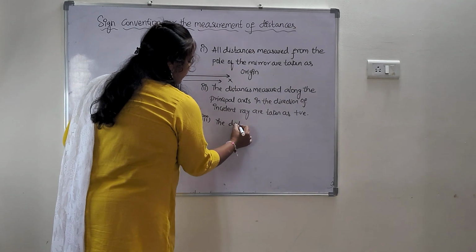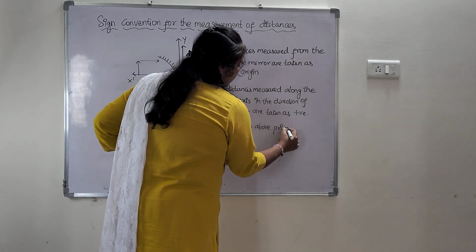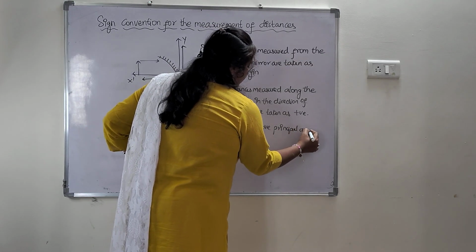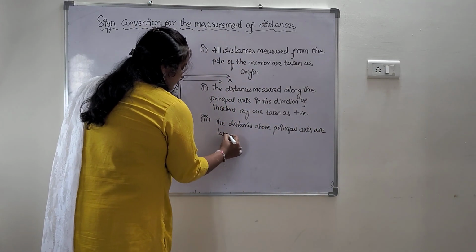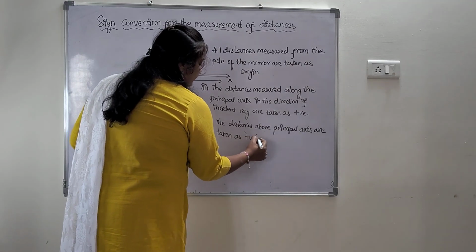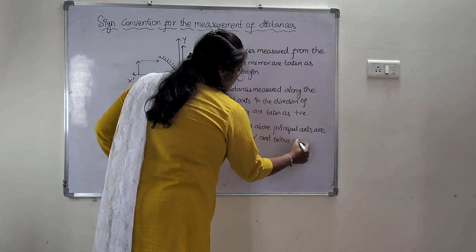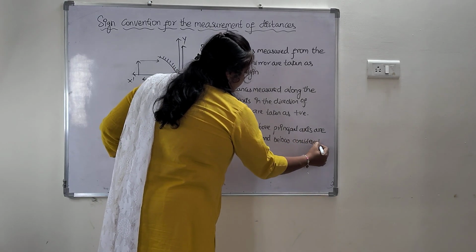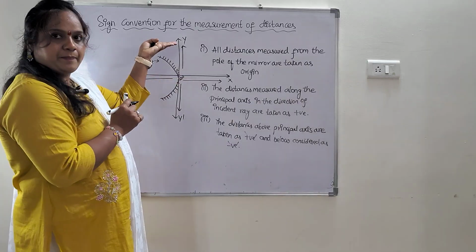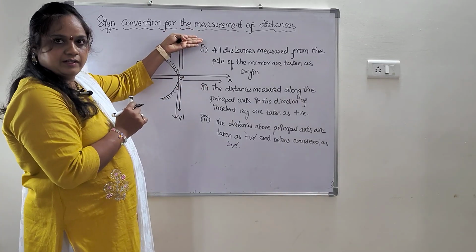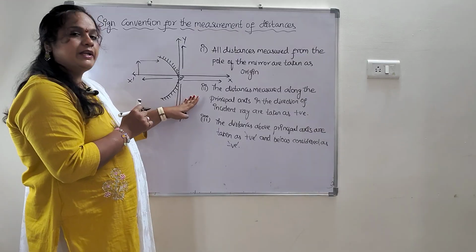Next, rule number 3: The distances above the principal axis are taken as positive and below are considered negative. Like on the graph, above the x-axis it will be positive and below it will be negative.